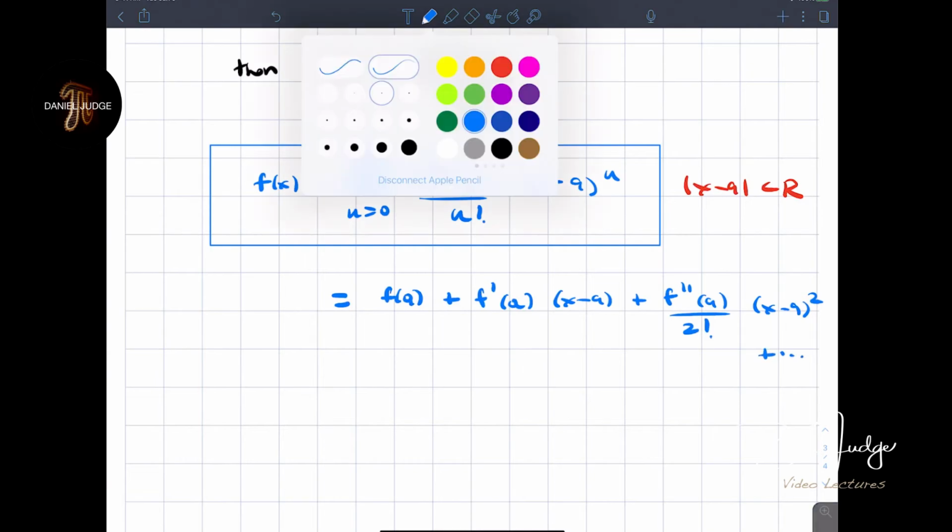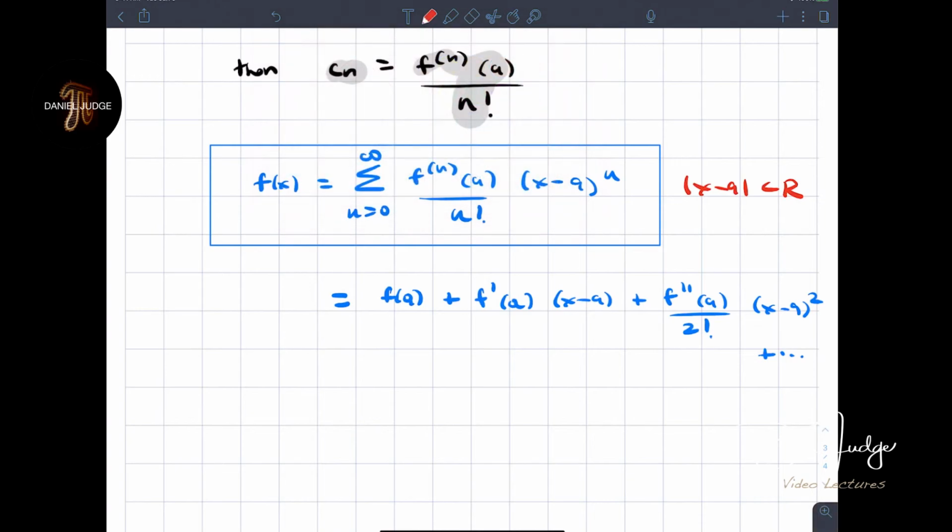What you're looking at here, this is known as a Taylor series expansion.